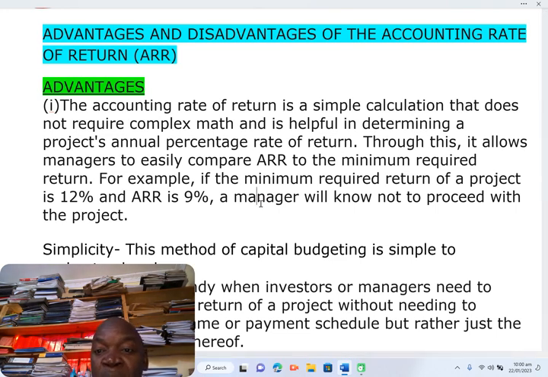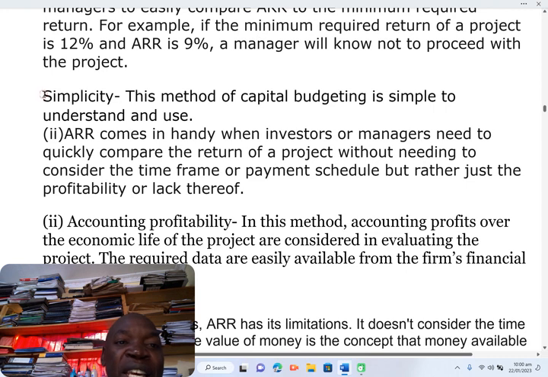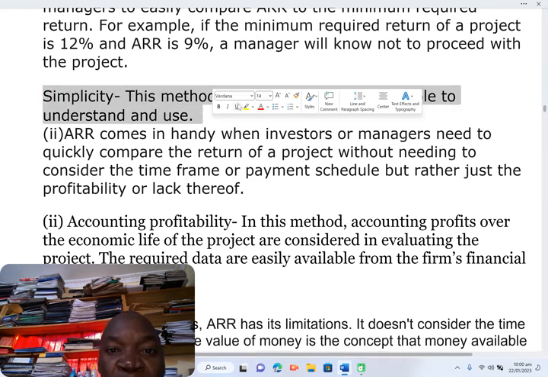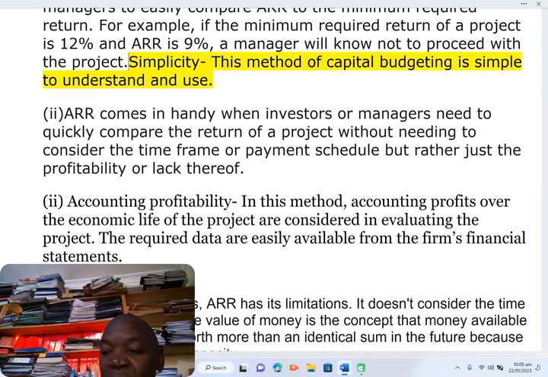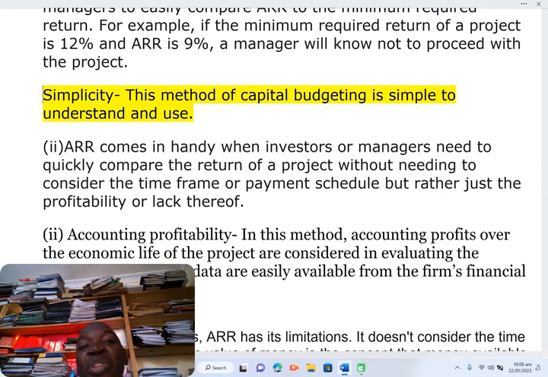This method of capital budgeting is simple to understand and use. So we advise people who do not have a big knowledge of investment computations to use this method. You just take the average profit and divide by the duration of the project.